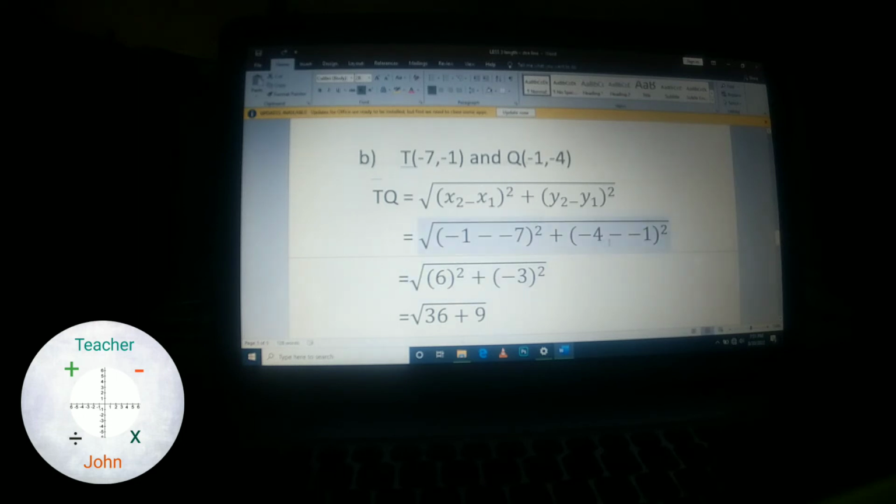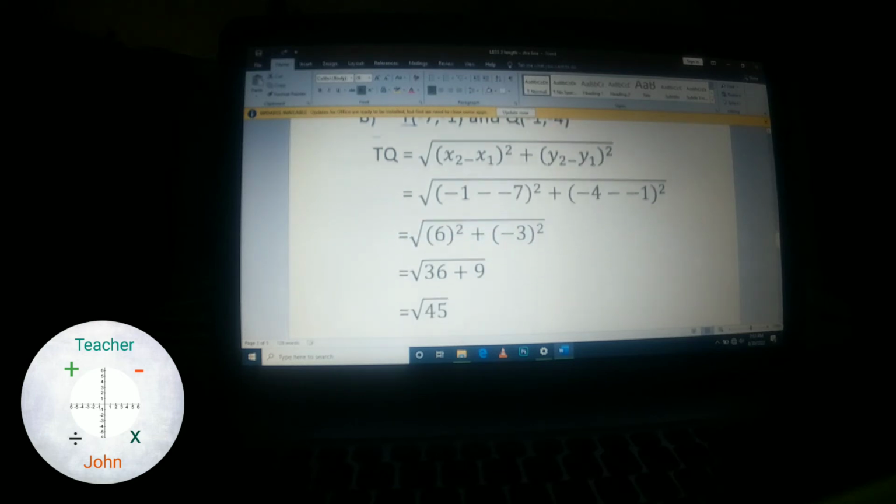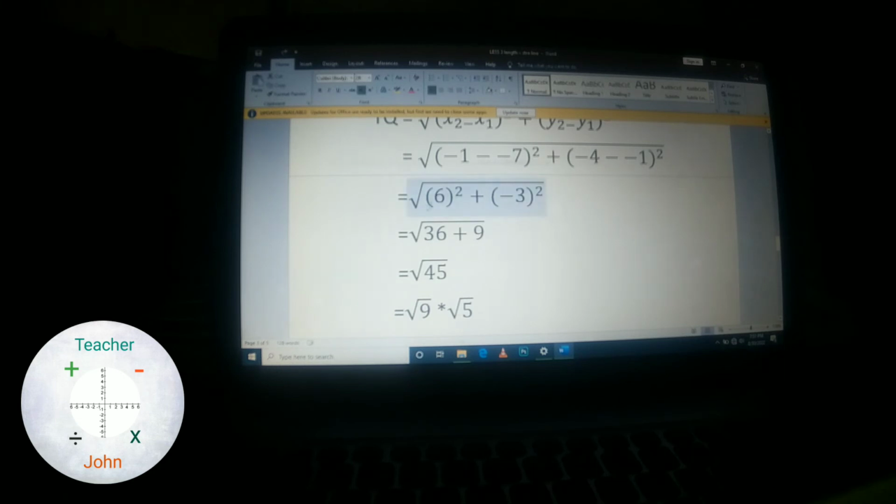And also -4 minus -1 will be -4 plus 1, which is -3. So when you get those values, you get 6 squared plus -3 squared. You put the bracket on this negative value because it will give you the correct answer.